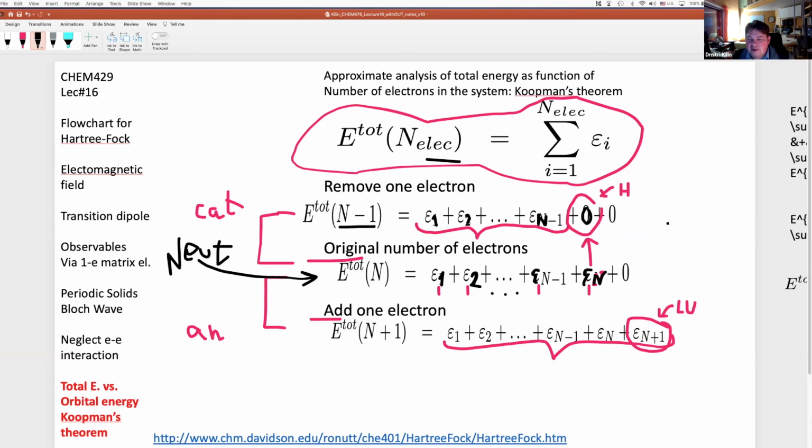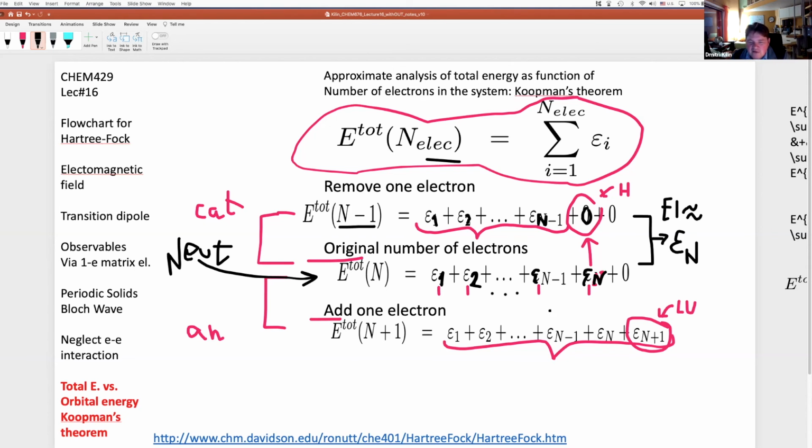So if we subtract these 2 numbers, the difference will be equal to the energy of orbital number n. So the electron ionization energy approximately equals the energy of the HOMO orbital, right? It is literally derived if we neglect Coulomb and exchange.